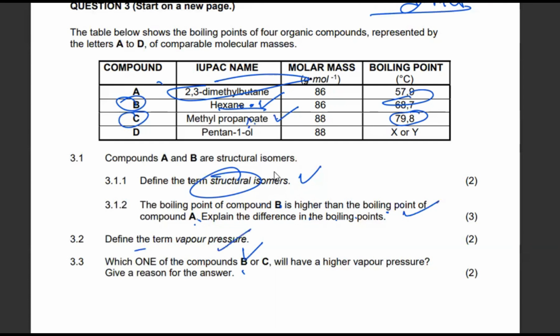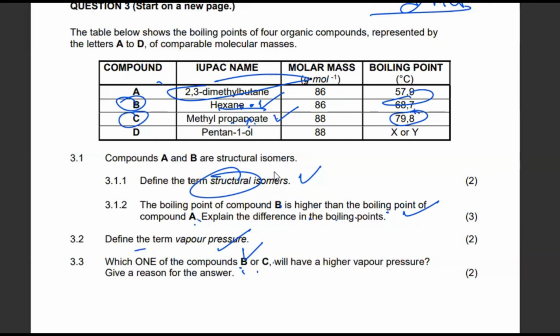So I defined vapor pressure, and then they're saying compound B and C. We have seen that B has London forces, and C has dipole forces. If it has dipole forces, it will have a higher boiling point, and then the vapor pressure is going to be low.